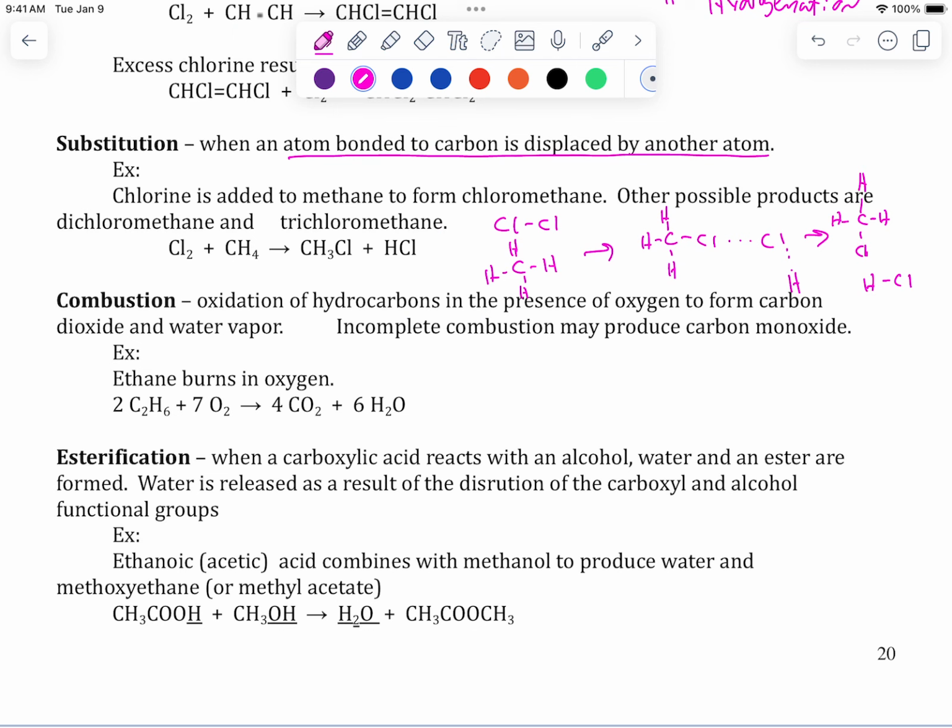All right, our third type is combustion. Combustion is the oxidation of hydrocarbons in the presence of oxygen. What does oxidation mean? It means to increase the oxidation state. Where did that term come from originally? It's because elements or compounds reacted and incorporated oxygen.